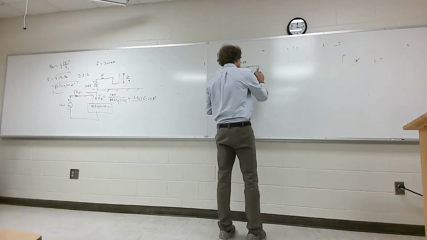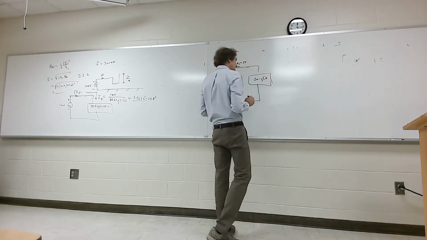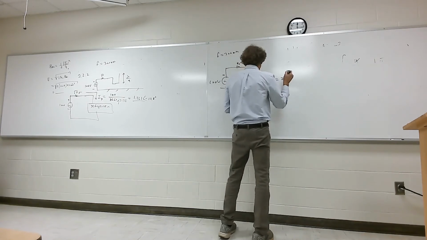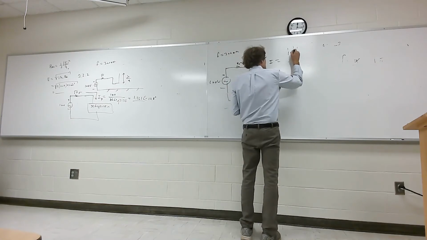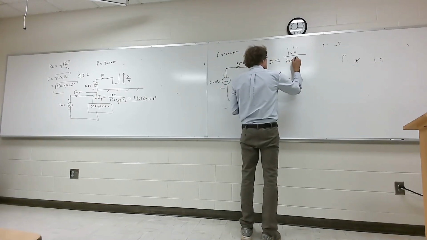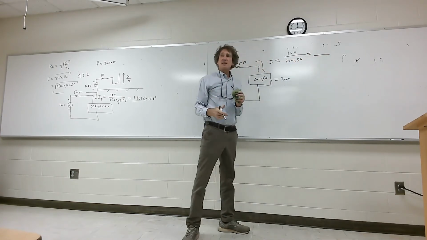So then I have 20 minus J50. Now pay attention to this. So now I'm given the antenna impedance, that's Z antenna. So what's my current going to be? 100, right? Over, what is it? 70 minus J50. Can you just give me the magnitude of that? We don't even need the phase.